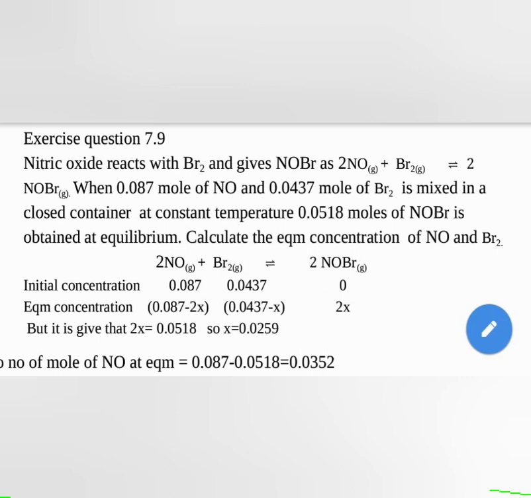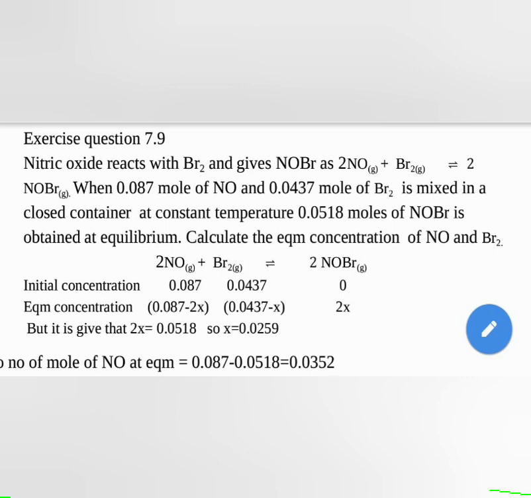Calculate the equilibrium concentration of NO and Br2. So in this question, they are asking for the equilibrium concentration of either reactants or products. Whatever it is, we use the equilibrium constant. That is the third application of the equilibrium constant, to calculate the equilibrium concentration.